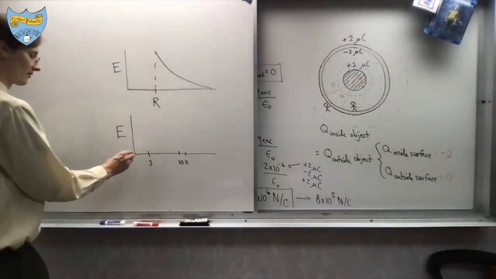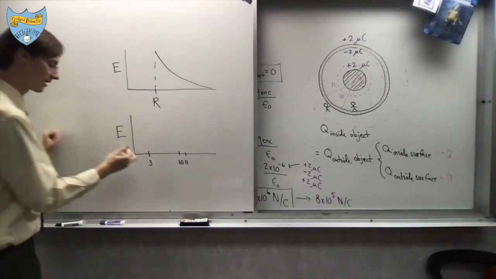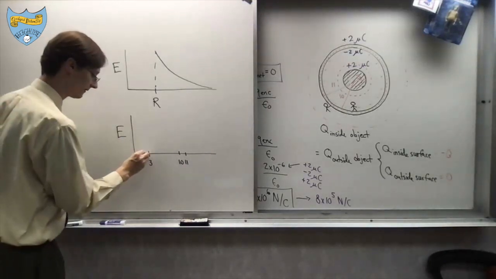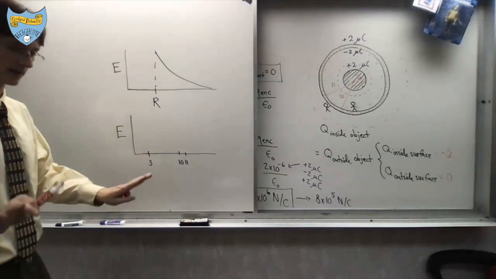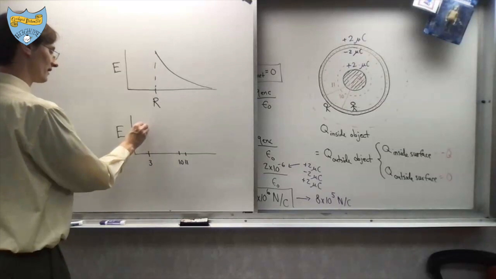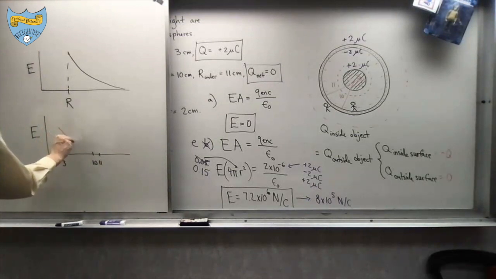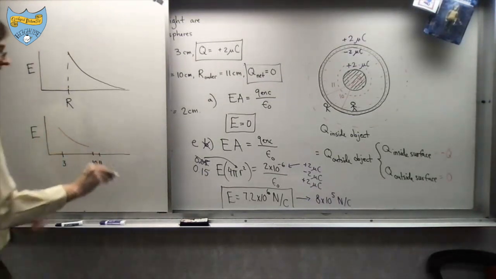All right, so here goes. My graph of electric field is 0 at first. There's no electric field inside of that central conductor. Boom, the electric field jumps up to some high value, and it's going to decrease as we move away.